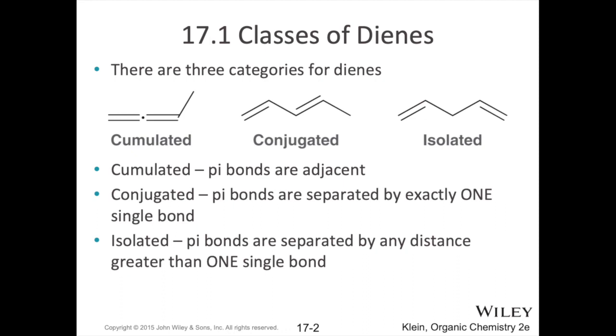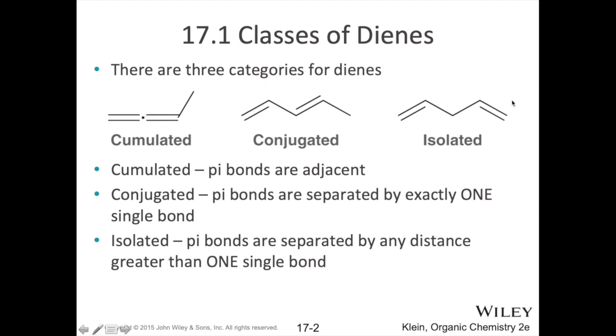Now, to understand why this is special, look at the hybridization of each of the atoms involved here. You need an unhybridized p orbital in order to form each pi bond. In your cumulated system, the carbons on the outside are sp2 hybridized, but that middle carbon is sp hybridized.